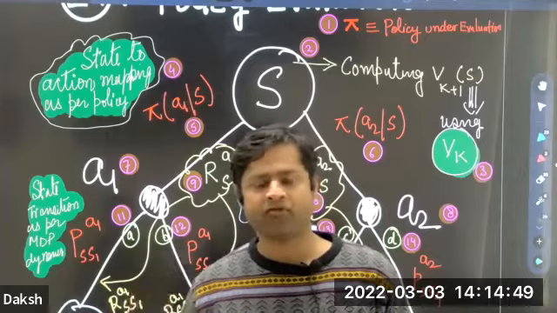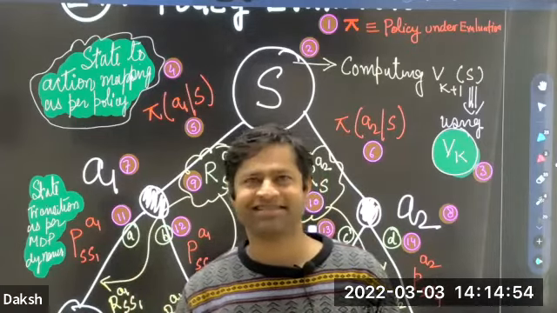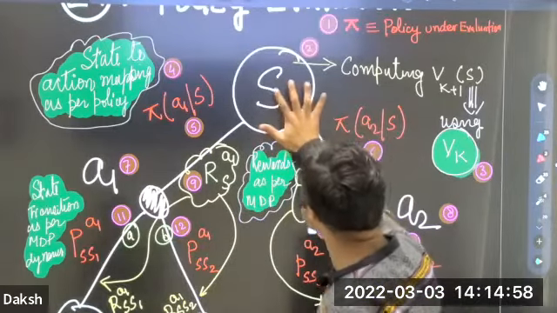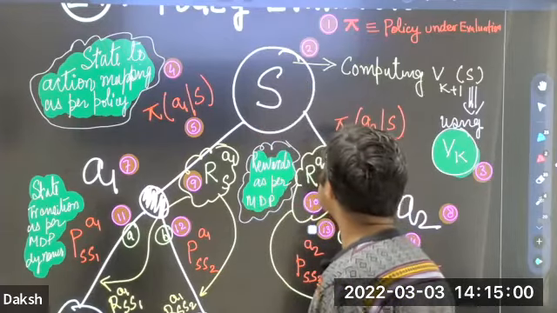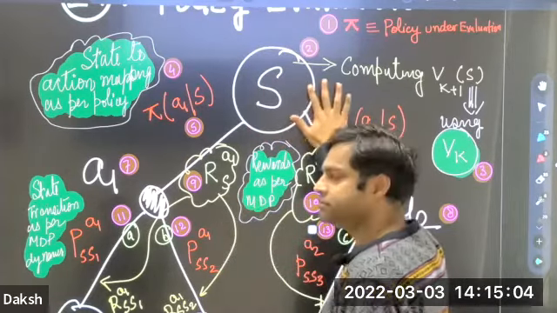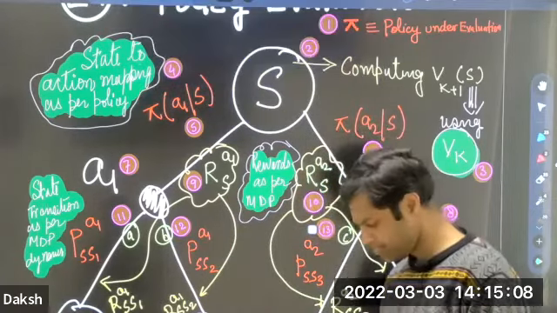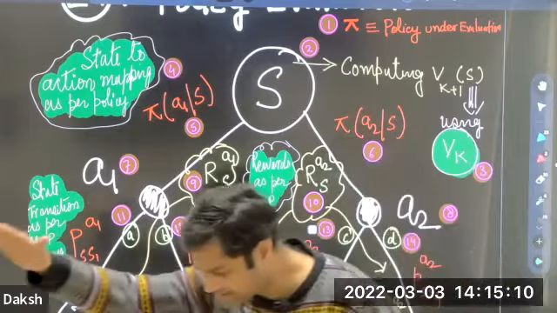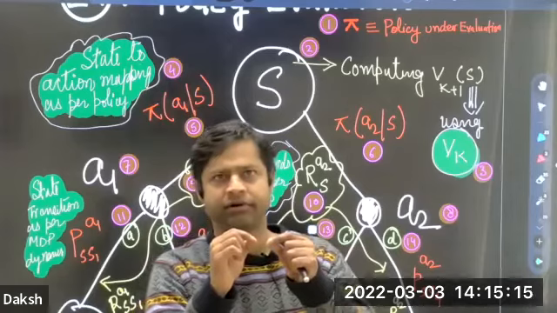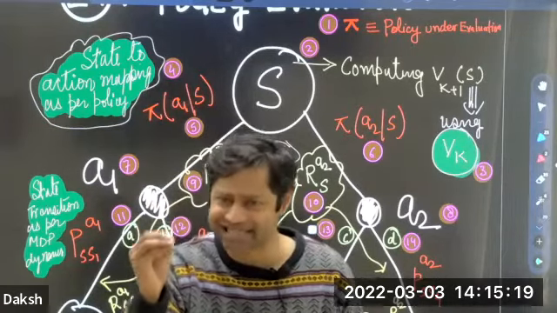Now for that, we first take the policy as pi, the value function as v. With the policy fixed, the value function v of s is going to tell the value of state s.